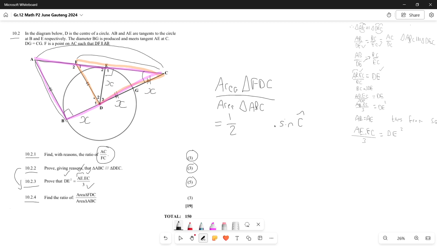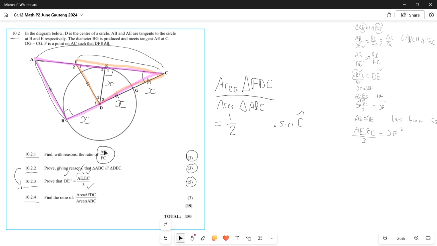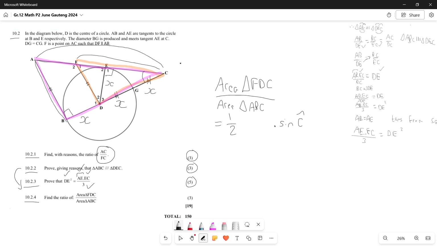And in triangle FDC here, that means that we're using FC and DC, which means that we already have a ratio from 10.2.1 earlier, and the ratio we had was 3:2 for AC to FC, which means that this FC here was 2, AF was 1, and the whole A to C was adding up to 3, which means we're going to take FC first. We'll sub in the values just now, multiplied by DC over there, because these are the two sides, FC and DC, that are on either side of sine C over there.